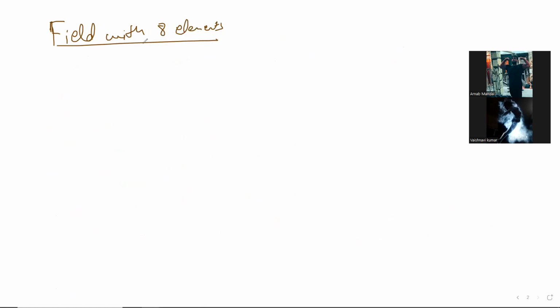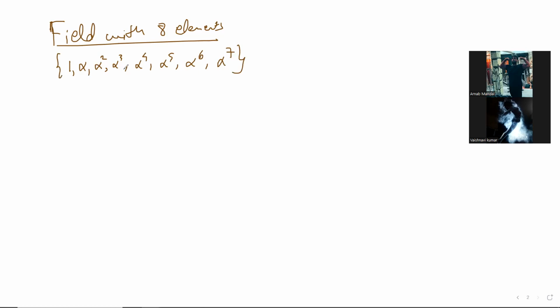Like what are all the relations and everything? If it's a cyclic group, then there is a generator, called a primitive root: alpha, alpha square, alpha cube, up to alpha 6, 7. This is the field.